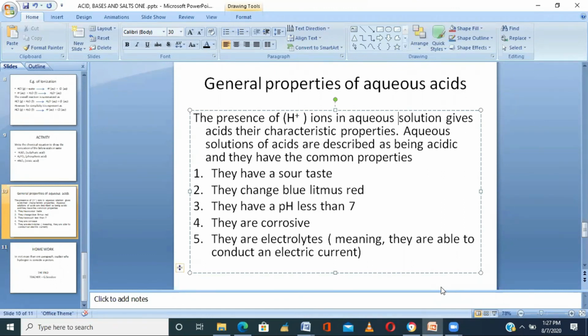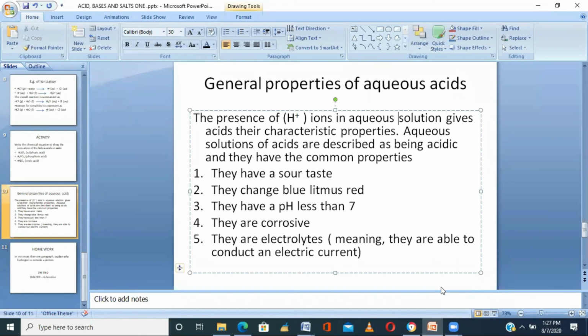They all have a sour taste. They change blue litmus red. We looked at pH in the lab. We know this. We saw this with our eyes. The blue litmus changed to red. It has a pH less than 7. You guys did this in Form 2, and that's something you're supposed to remember. All acids have a pH from 0 to 6.9. They're corrosive. We know that for sure.